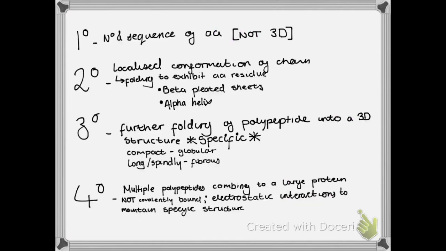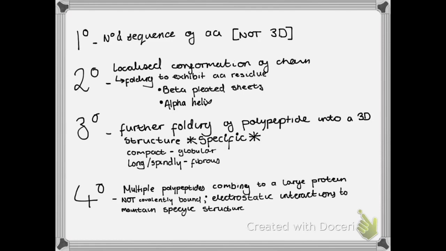And there are 4 basic different types of structure that you need to know about. Well, levels of structure. First is your primary, which is the number and sequence of amino acids in a polypeptide chain. At this point, it's not classed as being 3D or 3-dimensional. You've got your secondary, which is a localized conformation of the chain.